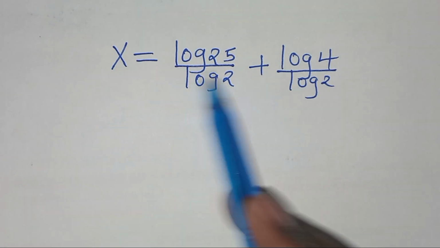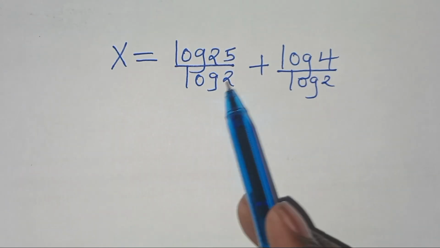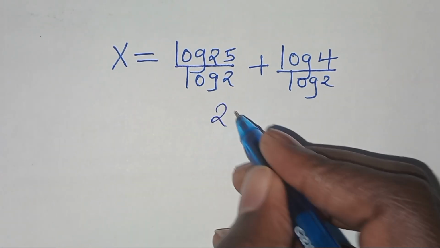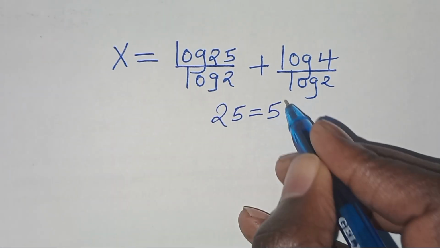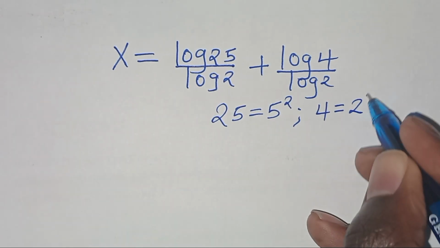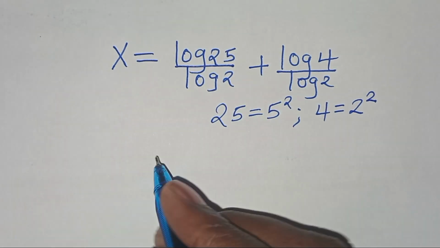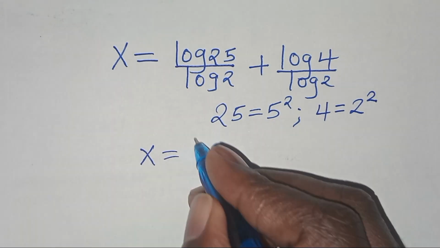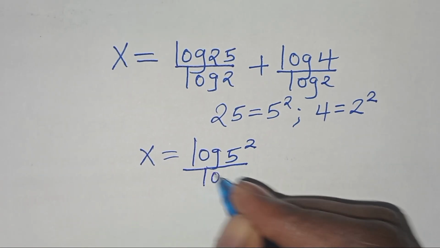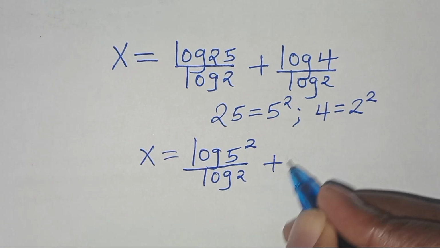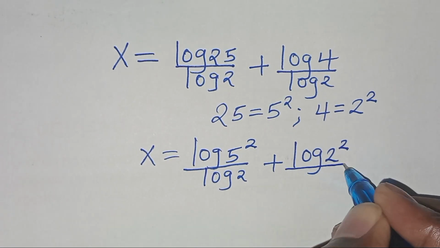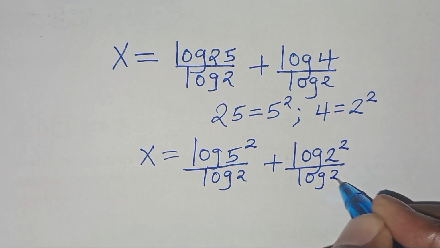We have x equal to log 25 divided by log 2 plus log 4 divided by log 2. We can express 25 as 5 to the power 2, and we can express 4 as 2 to the power 2. So x is equal to log 5 to the power 2 divided by log 2, plus log 2 to the power 2 divided by log 2.